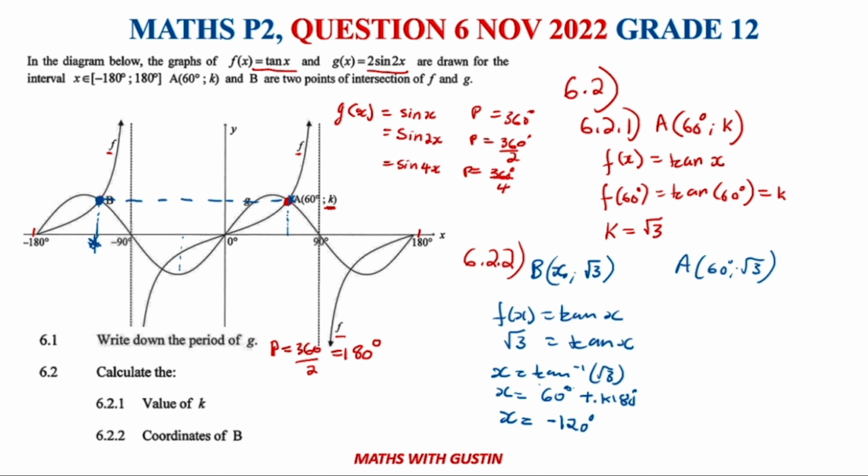Therefore let me just check what the k value is here. This occurs when k is equal to negative 1. That's where you're going to get this value. Therefore b is equal to negative 120 is to square root of 3. There you go. Great stuff.